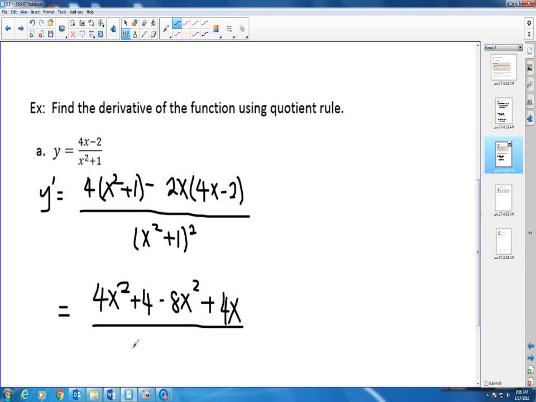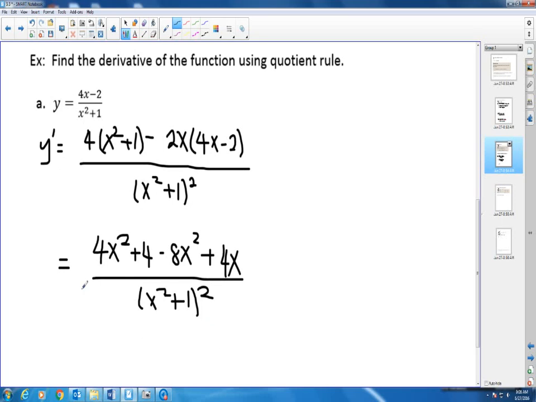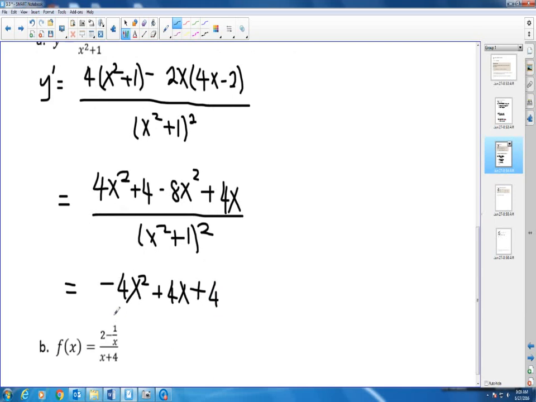Alright, combine like terms for the top: 4x squared minus 2x squared should be 2x squared... plus 4x plus 4. Alright, over x squared plus 1, the whole thing squared.